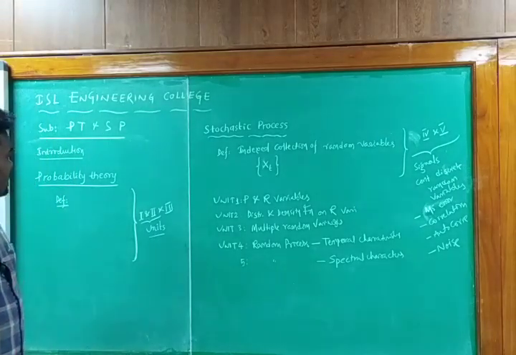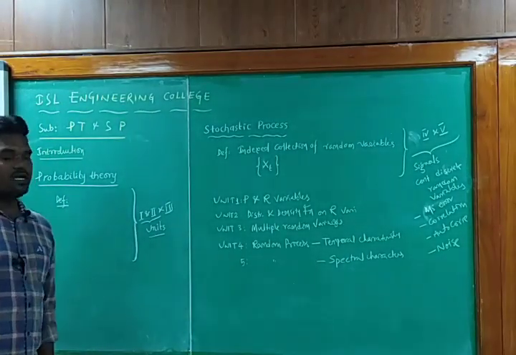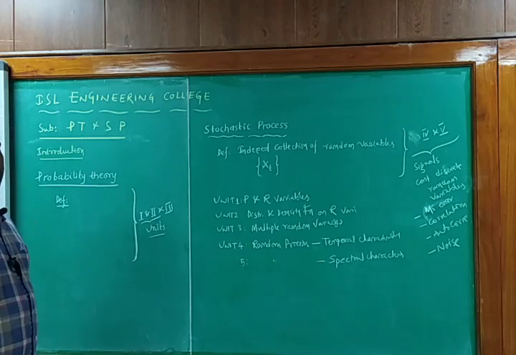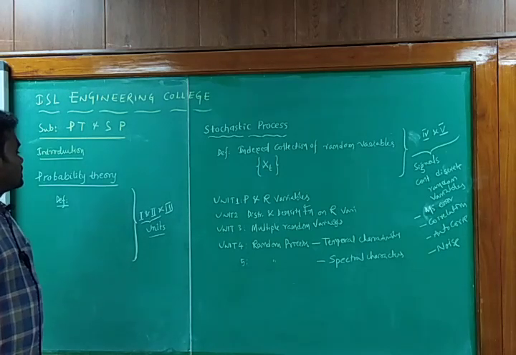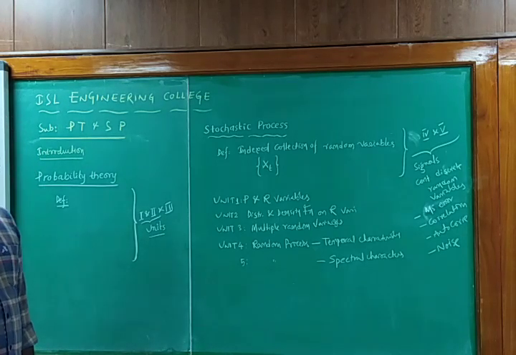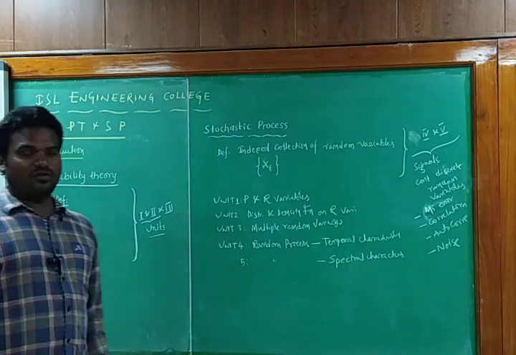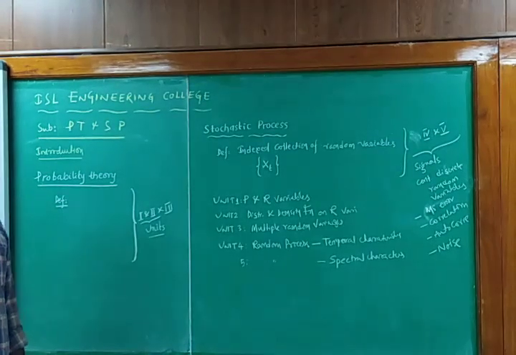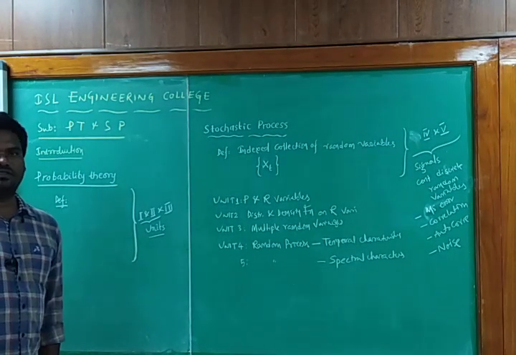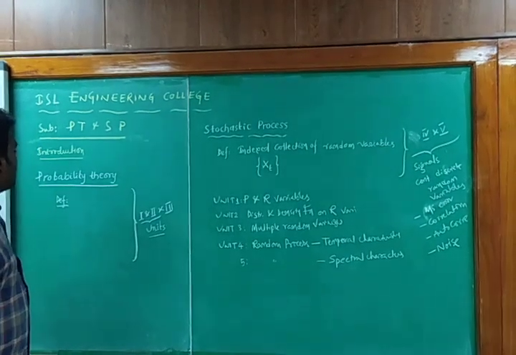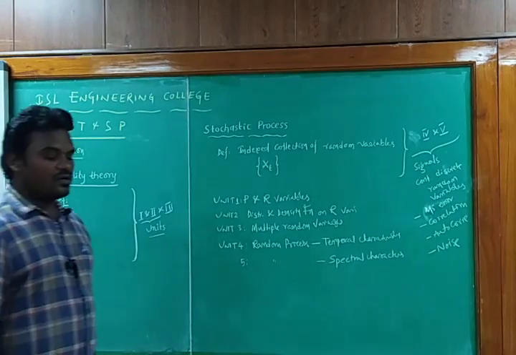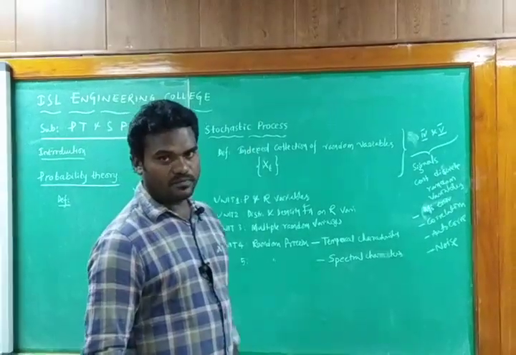We are going to study this complete probability theory in 3 units. The first 3 units discuss the probability theory and random variables. So if you are good at the basics of mathematics, this probability theory is going to be simple for you.